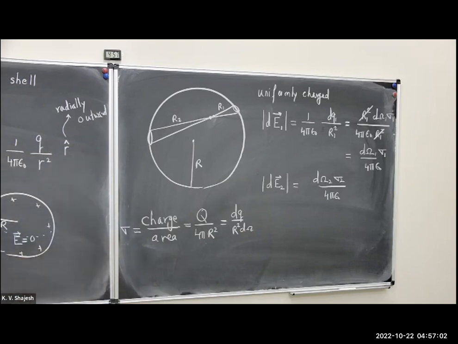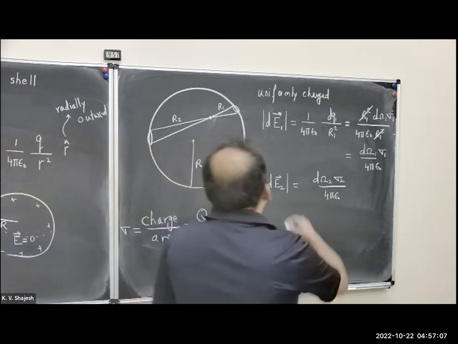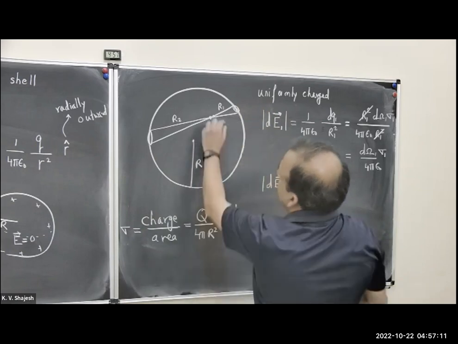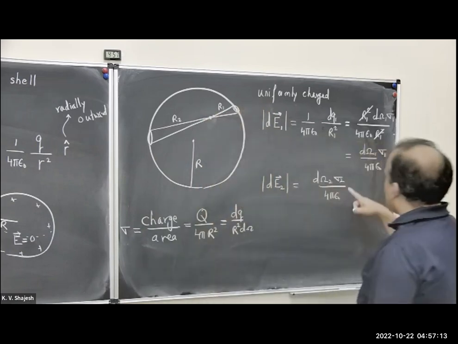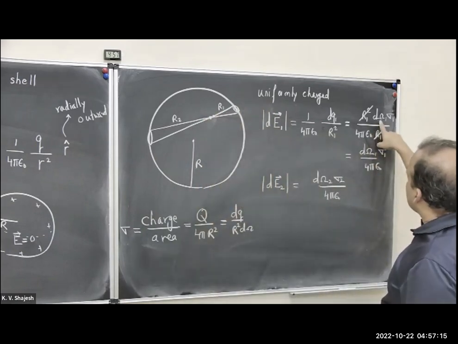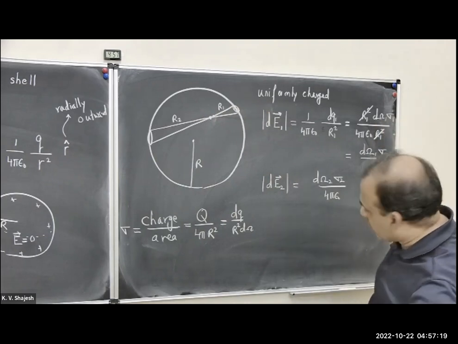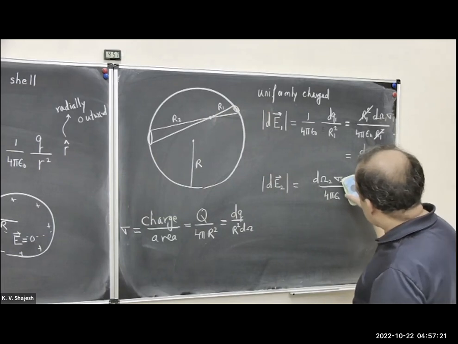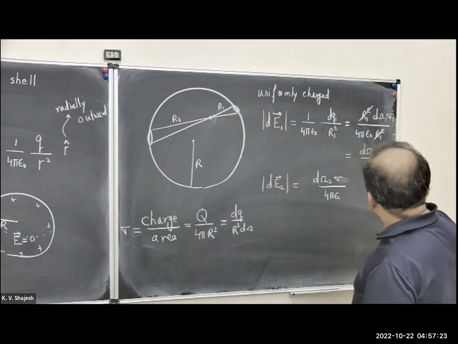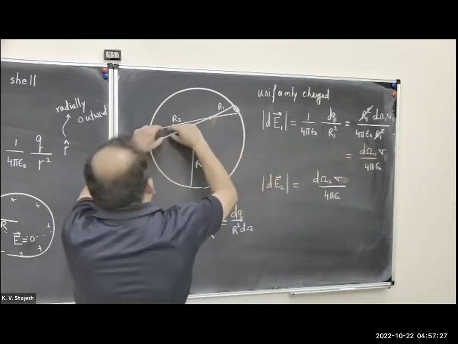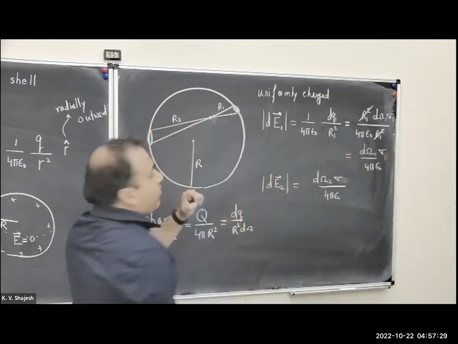So sigma equals dq over the area spanned by this cone, and that is R1 square times d omega 1 times sigma 1. Sigma is constant, so these two are the same. And d omega 1 is the same if I'm talking about opposite points on the cone.